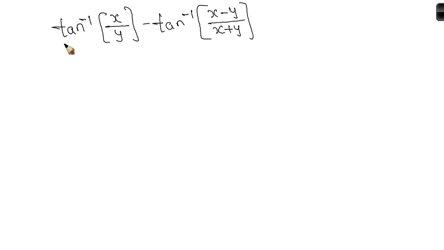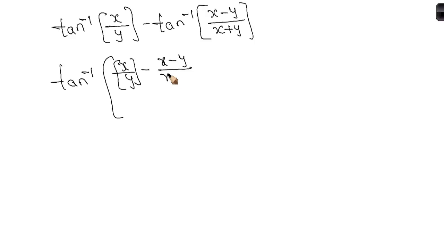So this will become tan inverse of x minus tan inverse of y. This becomes tan inverse of x minus y upon 1 plus x into y.